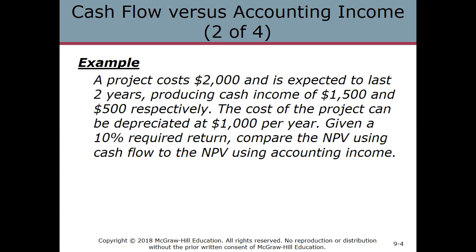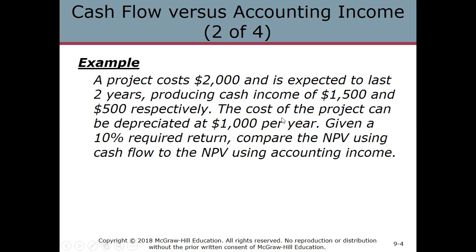A project costs $2,000 and is expected to last for 2 years. It would produce cash income of $1,500 and $500 respectively. We have to take note that the cash income here is basically produced on a cash basis. The cost of the project can be depreciated at $1,000 per year.